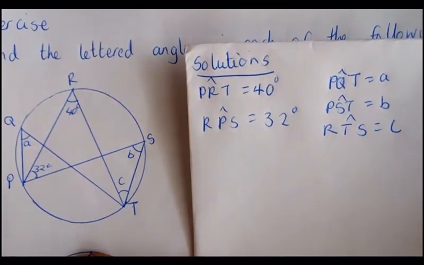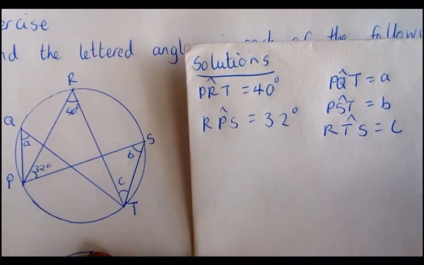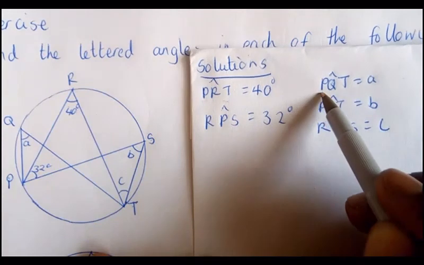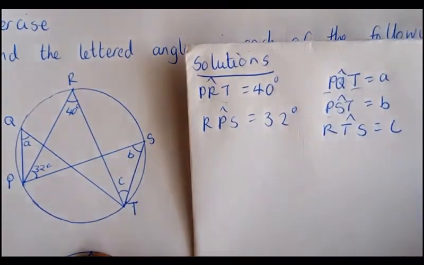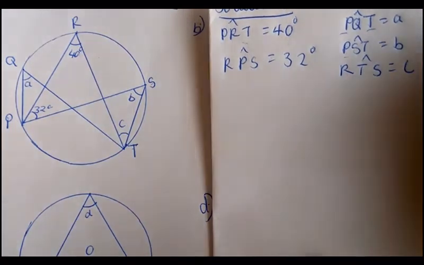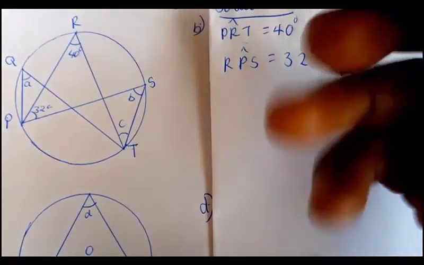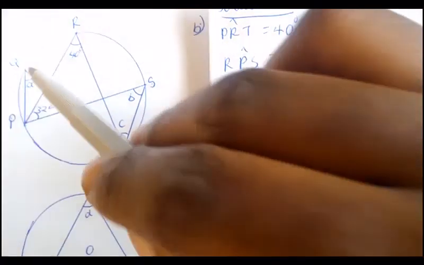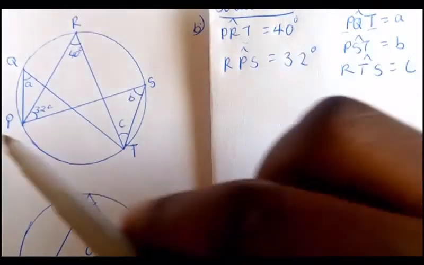After naming the angles, we then look for the angles that have the same starting and ending points. This angle and this angle and this angle have the same starting and ending points. If we look at the angles, they start from P and end at T, like this.